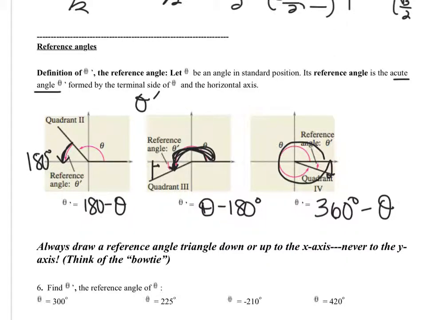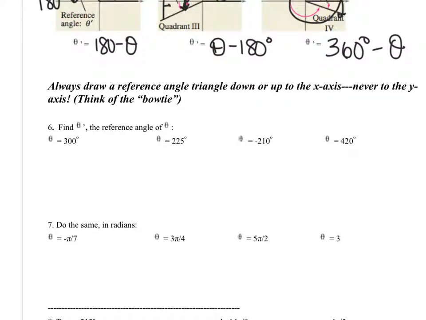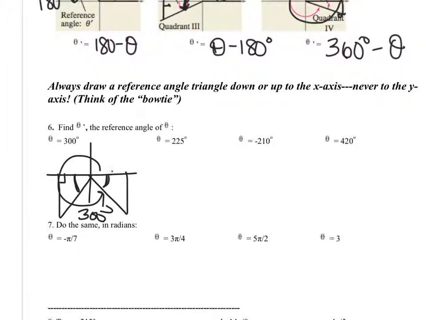Okay, so what is the reference angle of, for example, 300? Well, let me first draw 300. 300 will be in this quadrant. Draw the triangle up to the x-axis. What is left over? I'm sorry, I did that wrong. 300 is actually here. If this is 300 degrees, what's left over?